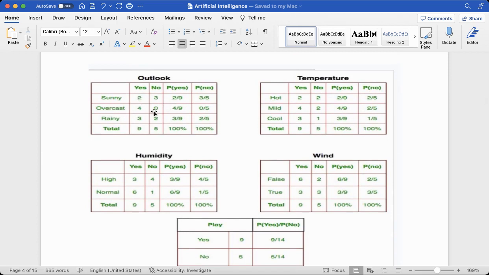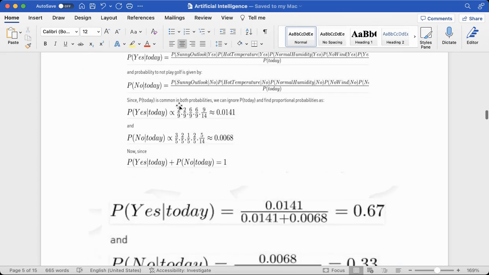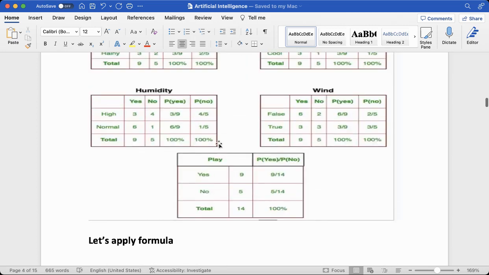Then the forecast, and then the rainy, and all this stuff will come like this, and when we multiply all this stuff, it comes to 0.0141.